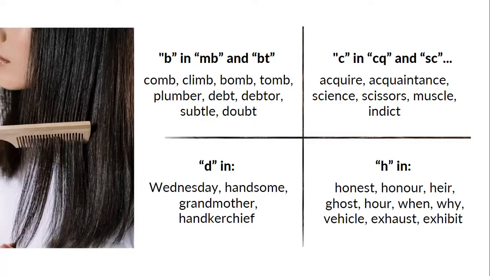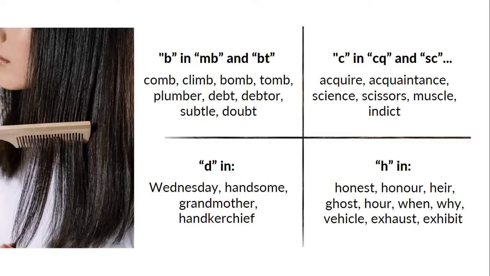Now to the silent D in words. Wednesday. In Wednesday, the first D is silent, while the second E is silent. This word has just two syllables. So don't say Wed-nes-day, just say Wednesday. Handsome, grandmother, handkerchief.